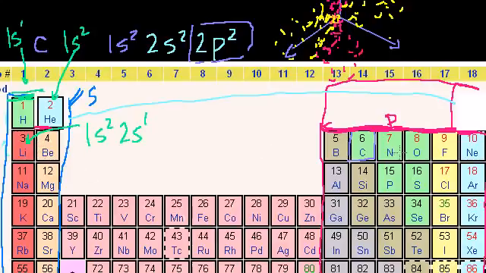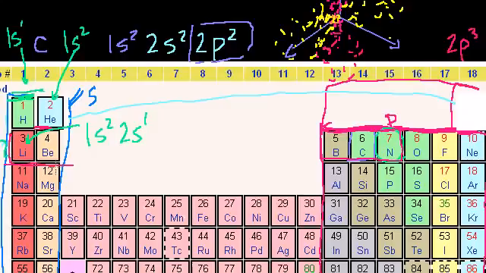When you go to nitrogen, you say, okay, it has 3 in the p suborbital. So you can almost start backwards. We're in period 2, so this is 2p3. Let me write that down. So that's where the last 3 electrons go, into the p orbital.